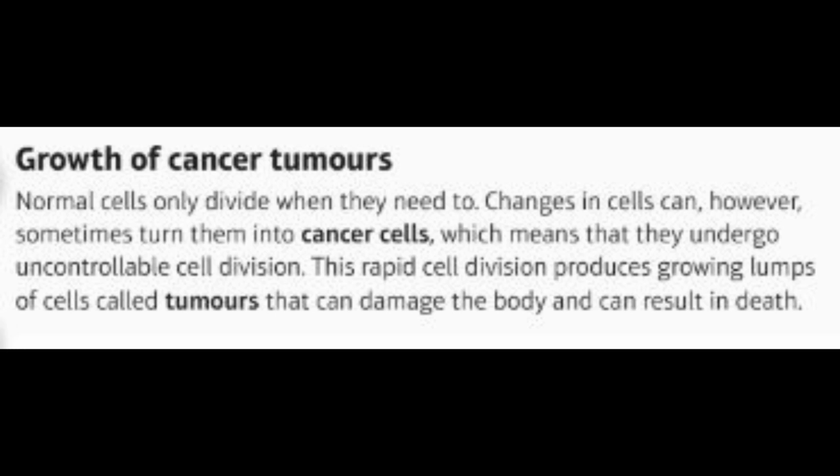However, sometimes the process of cell division can go wrong, and this sometimes leads cells to turn into cancer cells. Cancer cells undergo uncontrollable cell division. Rapid, uncontrollable cell division can produce lumps called tumours, which can damage the body and sometimes result in death.